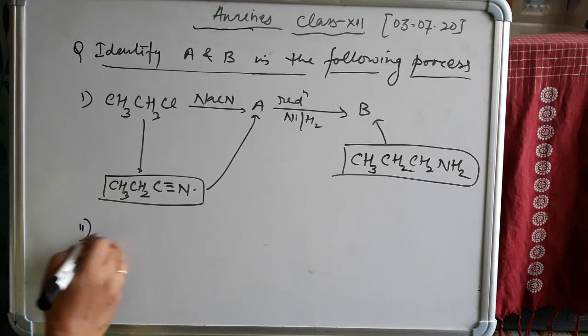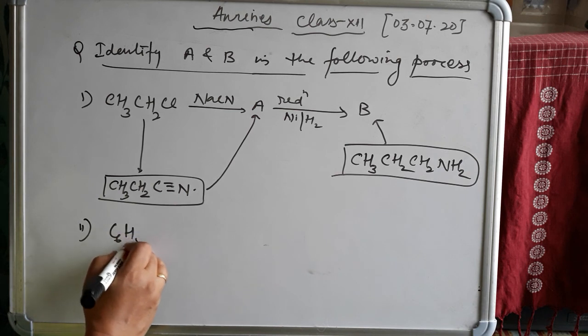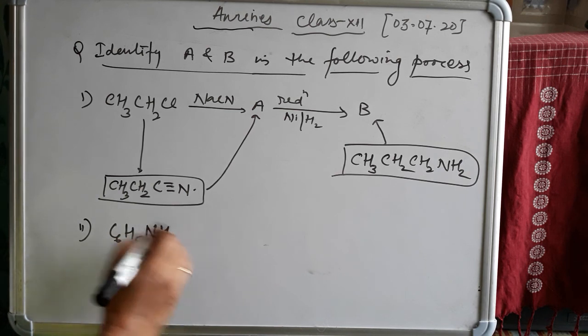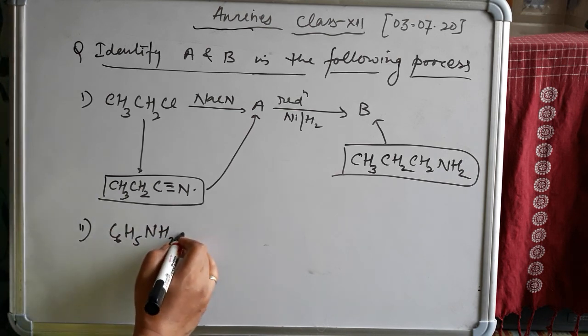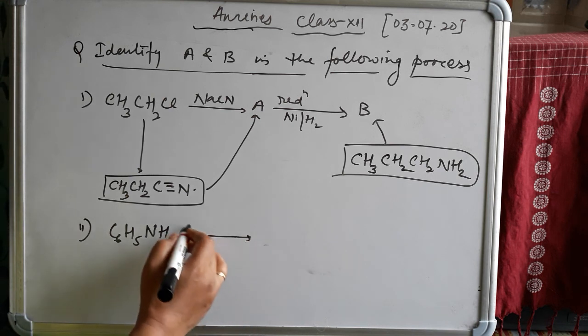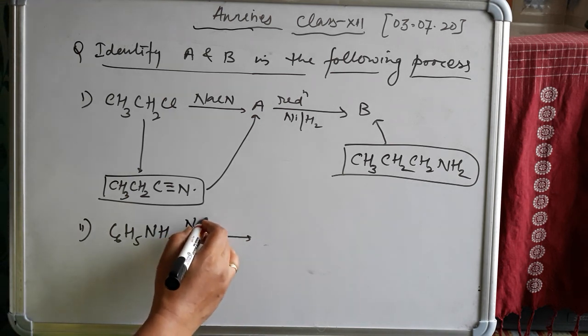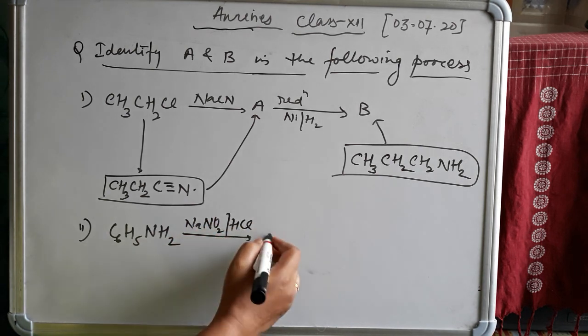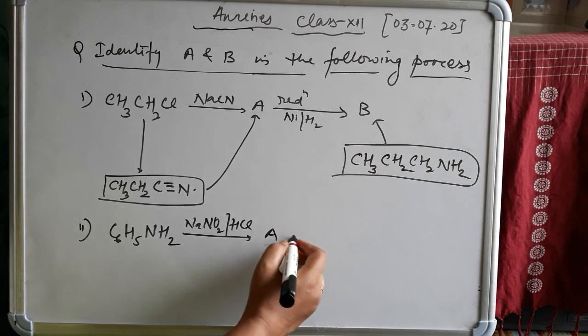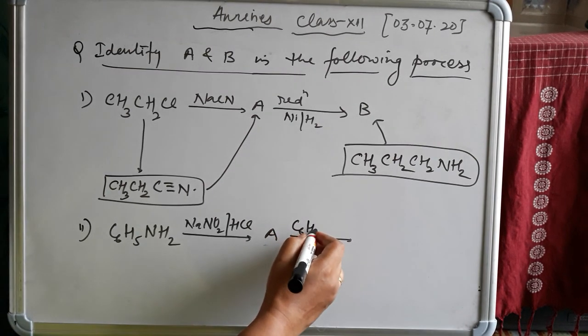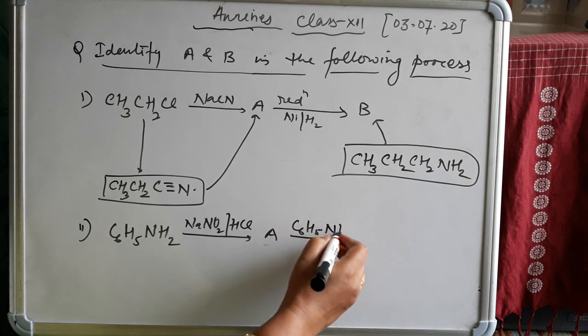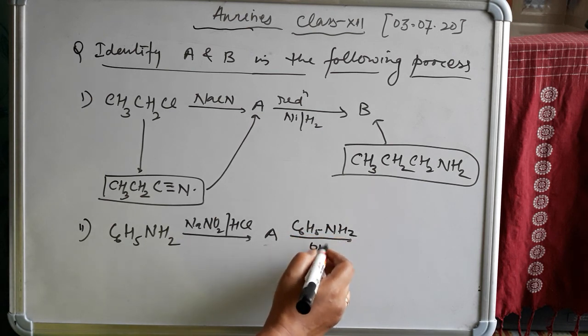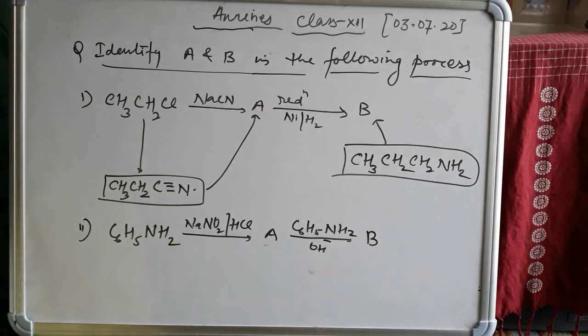The next one is C6H5NH2. It is a primary amine, and when this primary amine is treated with sodium nitrite NaNO2 and HCl, compound A forms, and this compound A, when treated with C6H5NH2 in alkaline medium, gives compound B. What are the names of A and B?